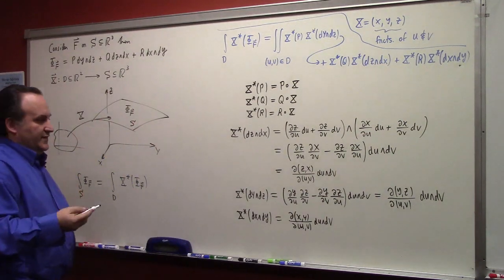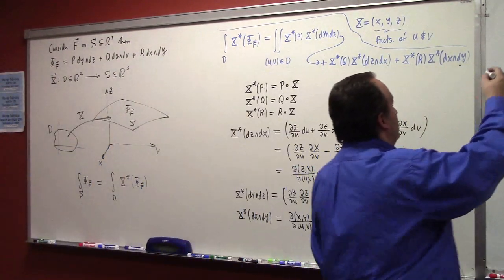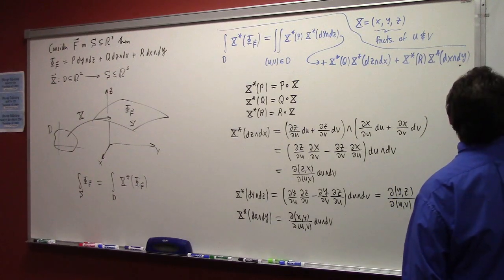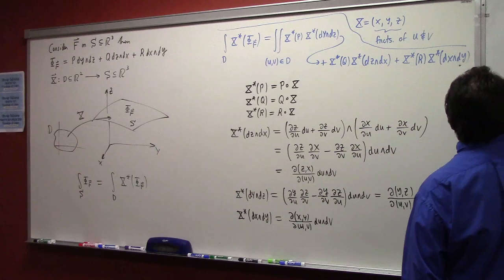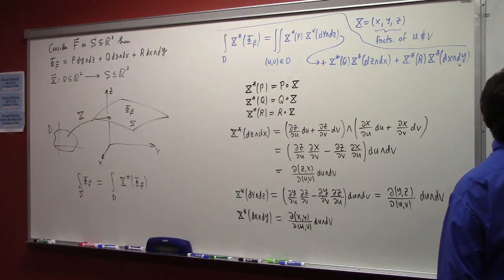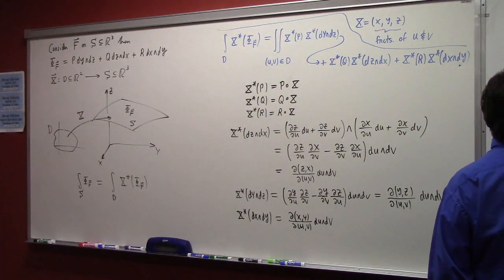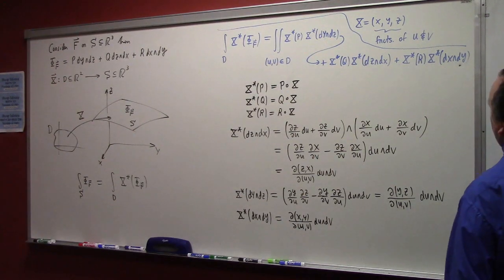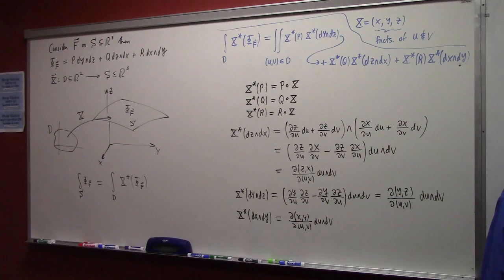Okay, so put this all together, what happens? We see that the integral of the flux form over the surface is equal to the double integral, of course, over u comma v of what? Of P of X of u comma v times what? The P gets paired with the yz one, right?